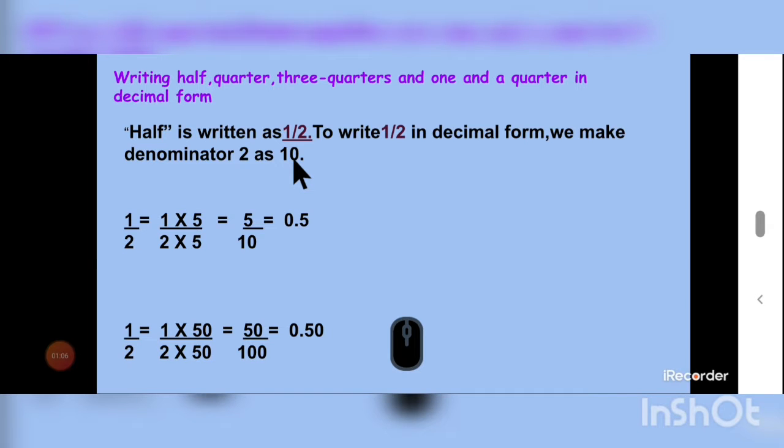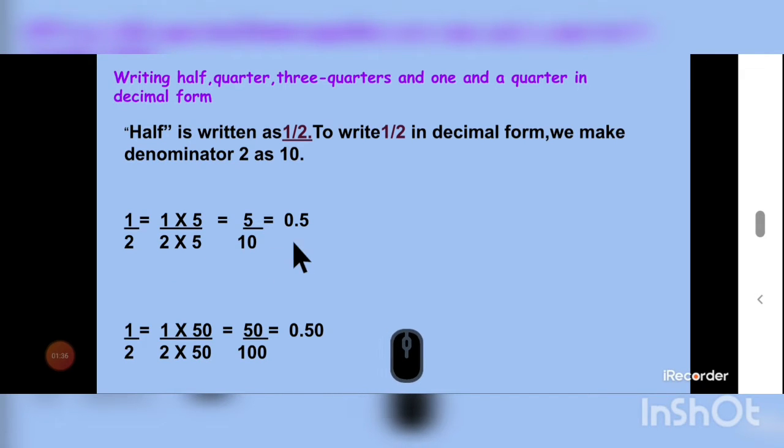Here they have given 1 over 2. Now if we want to make the denominator 10, what will we do? We know that 2 fives are 10. So we will multiply numerator and denominator by 5 and we will get 5 upon 10.